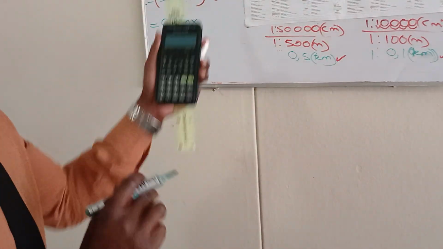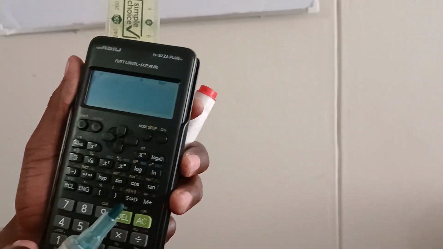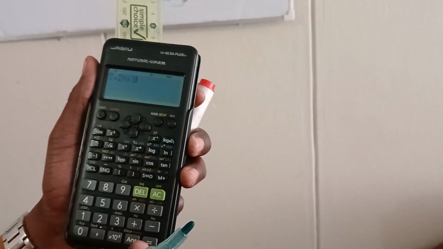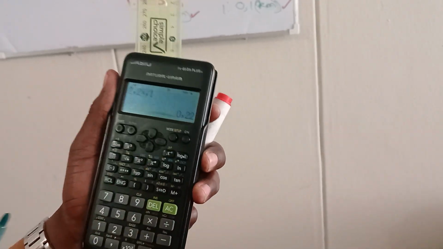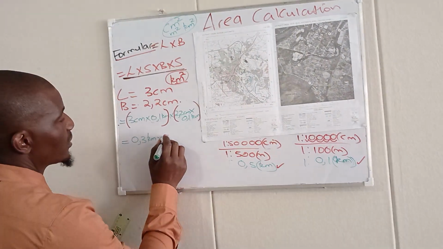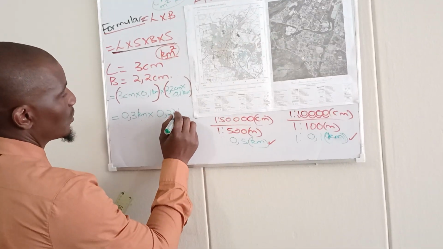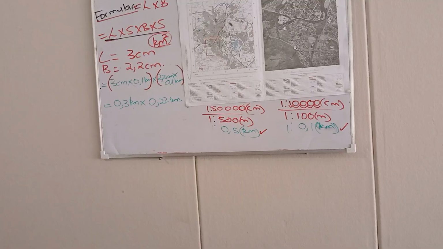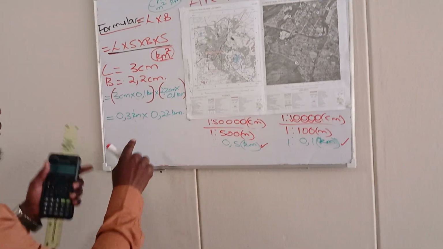Then I'm also going to do the same thing. I'll multiply my breadth times the scale, 2.2 multiplied by 0.1. What do I get? I'm going to get 0.22. Remember, these two are in kilometers.